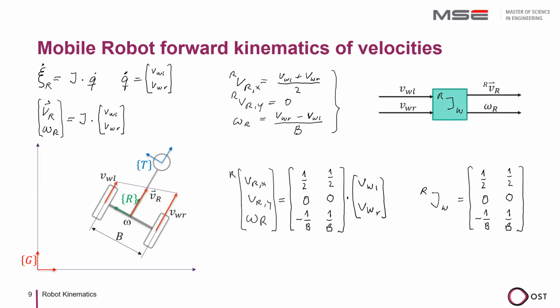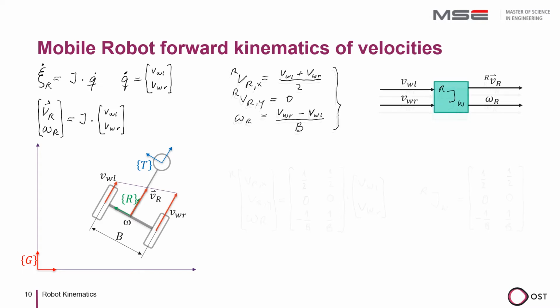Since we want to realize the algorithm as an EROS block, we also represent it graphically as such. We now have the velocities in the robot coordinate system, but would like to have them in the global coordinate system. We have already seen that we can transform the translation velocity with the rotation matrix from the robot coordinate system to the global coordinate system.